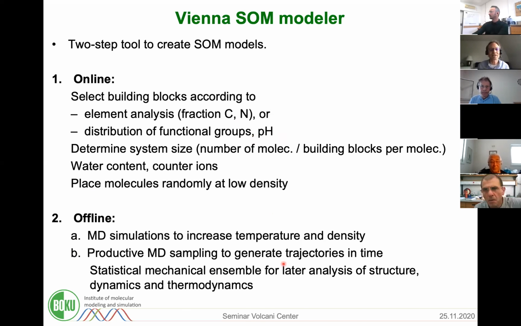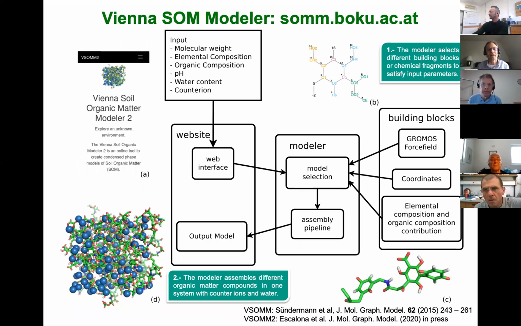I have this schematically here as well. So we have the soil organic matter modeler version 2 now. That's just in press, the description. It is online. So we have the VSOM modeler version 2. As a user, you put in the molecular weight of how big your molecules should be, the elemental composition, and you can also put in the organic composition.